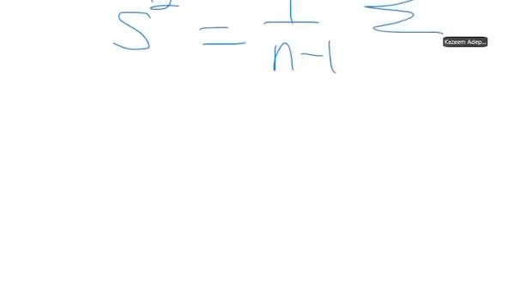Now, the sample variance is 1 over n minus 1, summation from i equals 1 to n of (y_i minus y bar) squared.